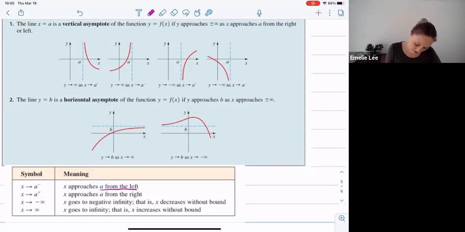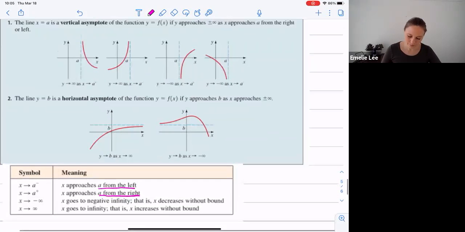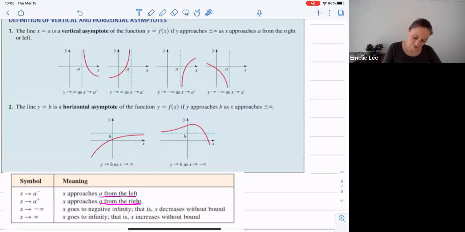Okay, and then same thing here. If you've got an a plus, it means you're approaching a from the right. Okay, and then for vertical asymptotes, we're talking about the behavior of y as we approach some value of x. For horizontal asymptotes, what can happen is we might approach some horizontal asymptote.